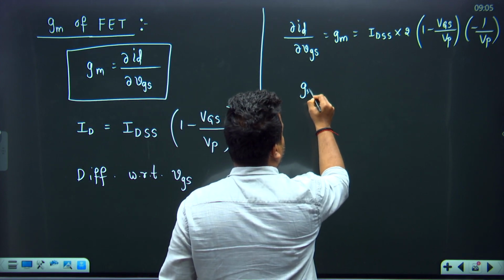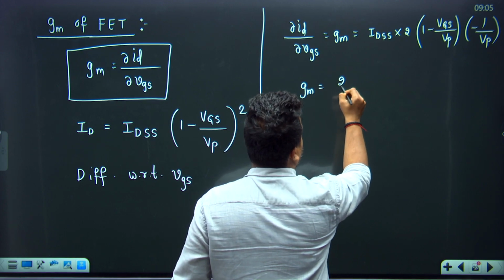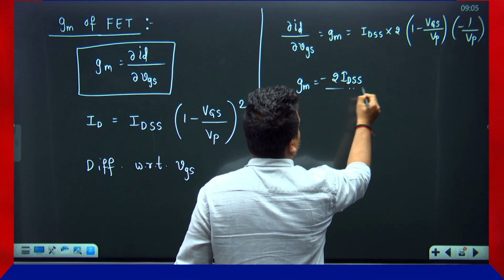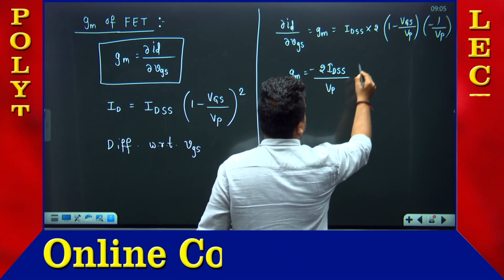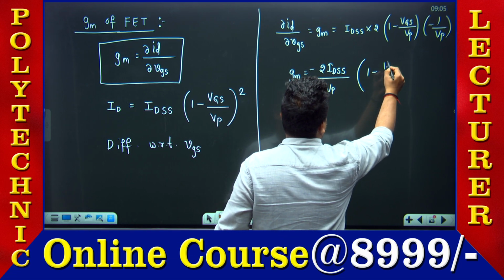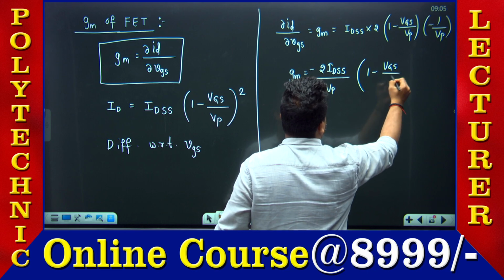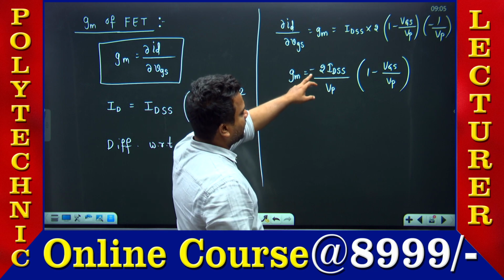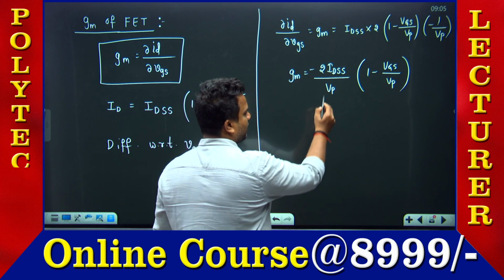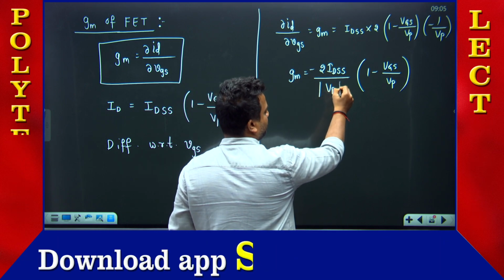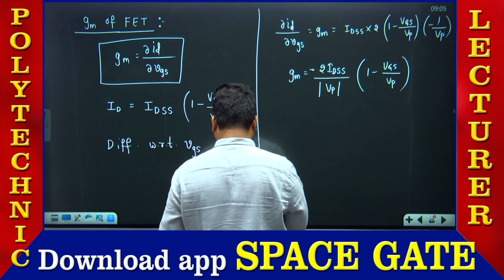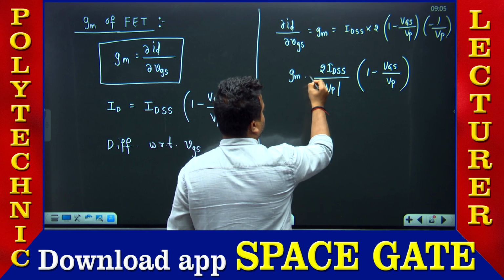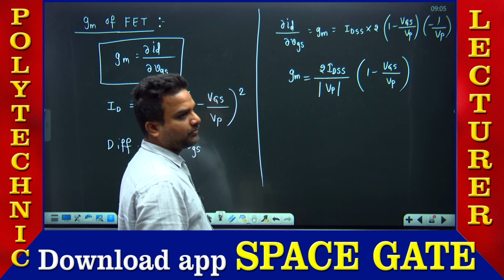You can write easily like this, 2 IDSS by VP into 1 minus VGS by VP. You can remove this minus and keep mod VP here. Yes guys, this is GM.